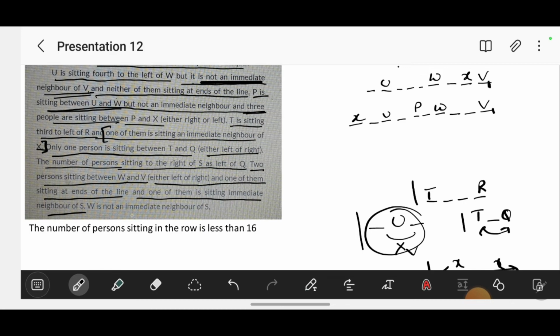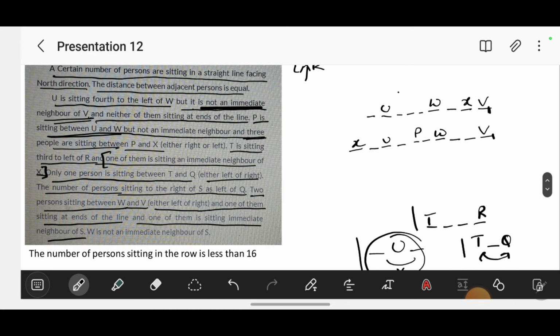Okay, and one of them is sitting immediate neighbor of S. If you see this, X is already a neighbor of V and V is an end, so S should be in these 2 places, either of these places, and in this condition S is either a neighbor of V or W. These three places are chances for S. And he is saying W is not an immediate neighbor of S. So remove these cases and take S here.